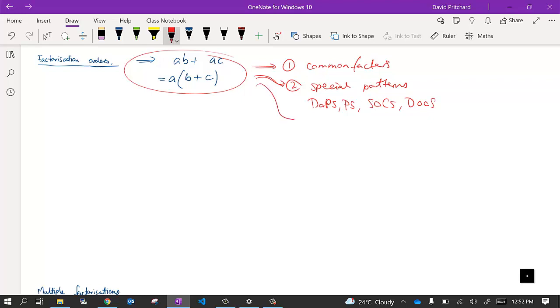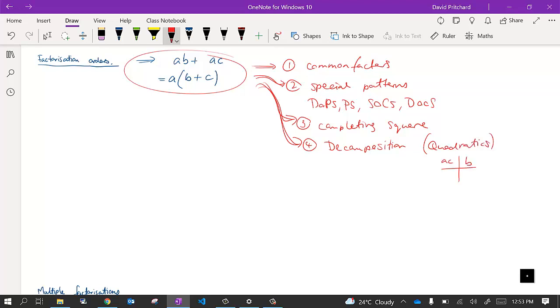We also know that we've got factorizing by completing the square, and we also have using decomposition. So if you don't remember with those quadratics, it's A, C, and B. And some of you will also know about factor remainder theorem, and there are lots of other processes as well that go along with factorization.